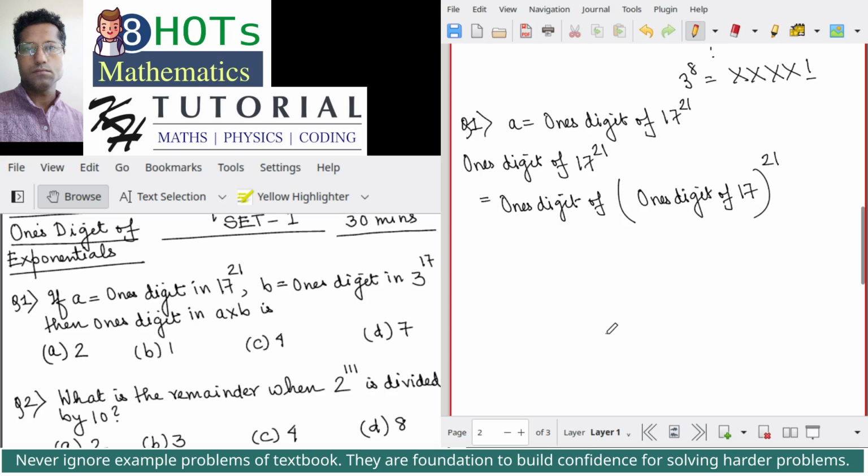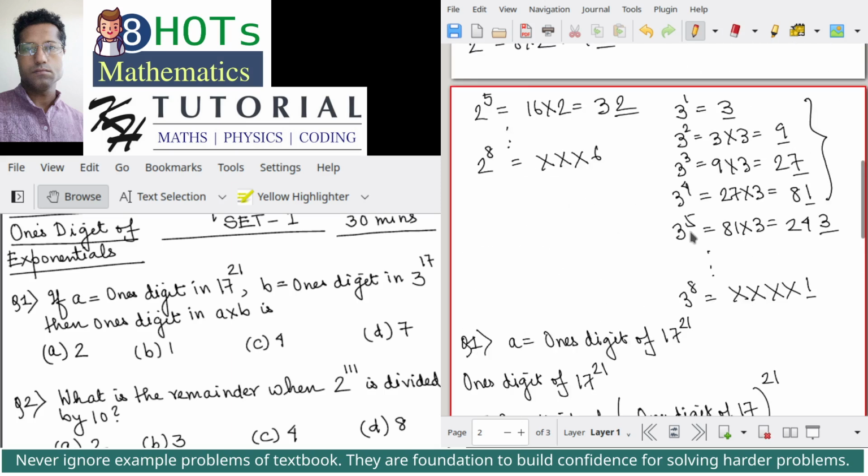We will first find the power of 7, 7 raised to the power 21, because we have to find the ones digit of it. So the ones digit of 17 raised to the power 21 will be equal to the ones digit of 7 raised to the power 21.